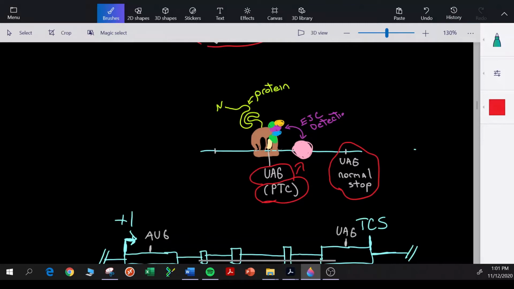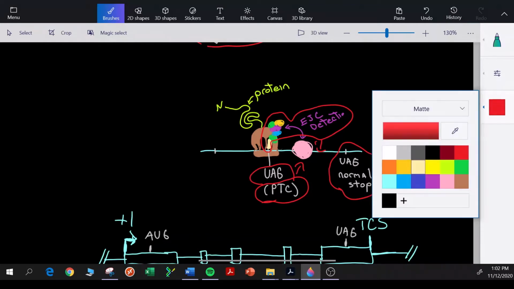If a PTC is encountered by the ribosome, the eukaryotic release factors will recognize the stop codon and terminate translation. The SURF complex will check for exon junction complexes, and if it finds one, it will degrade that messenger RNA.